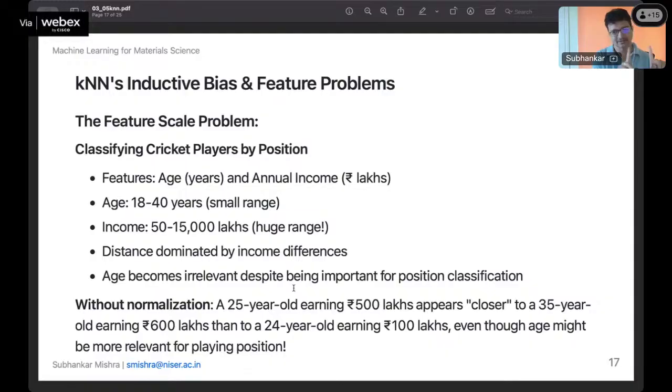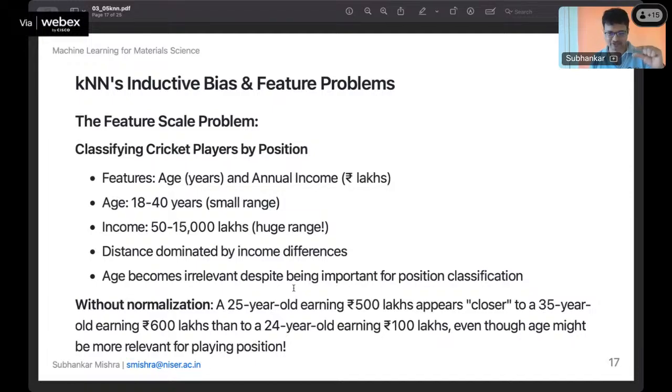The 25-year-olds should be a little bit closer because they're closer in age. Maybe age should play a factor. But here we cannot tell, because the gap in income is too much and we consider all the features equally.